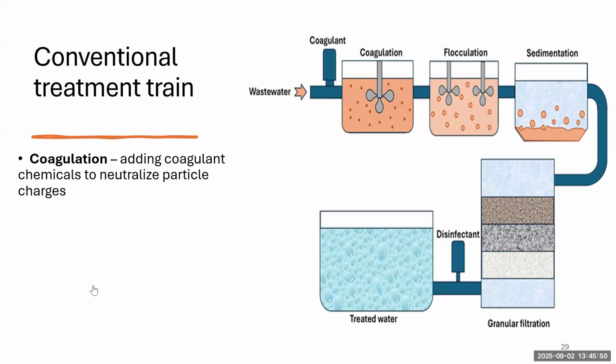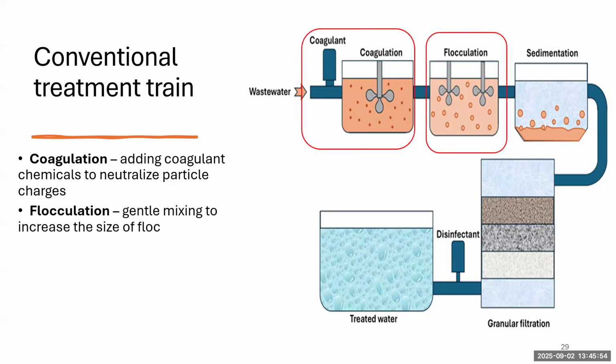And in flocculation, we're continuing to build the size of our particles, which we call floc. Those particles are an agglomeration between coagulant chemicals and particles that are already existing in the water supply.